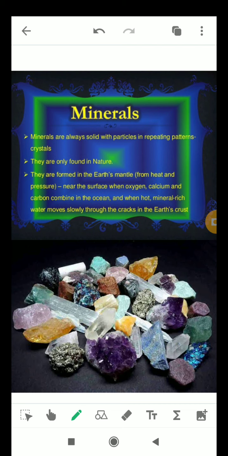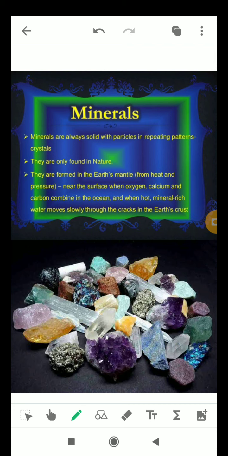Next we have minerals. Minerals are always solid, with particles in repeating patterns, crystals. They are only found in nature. They are formed in the Earth's mantle, and near the surface when oxygen, calcium and carbon combine in the ocean, and when hot, mineral-rich water moves slowly through the cracks in the Earth's crust. Basically, minerals are naturally occurring inorganic substances made up of one or more elements.